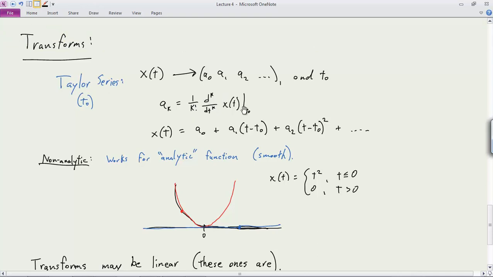Exactly. Because this is a linear function of the a's, that should probably be enough. And we also know derivatives are linear, so they have this property. Okay. So this is linear.